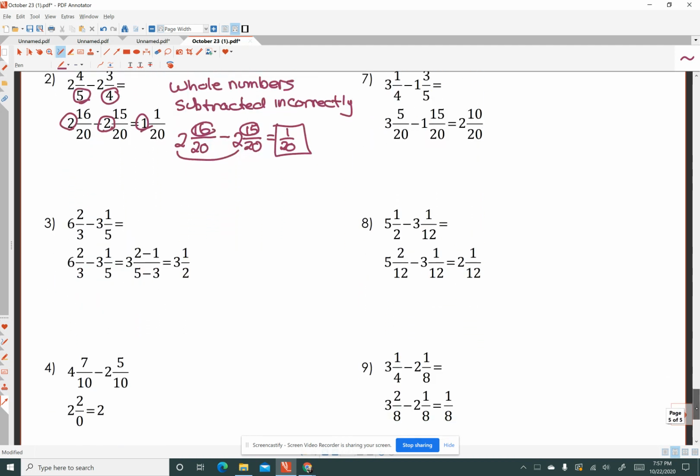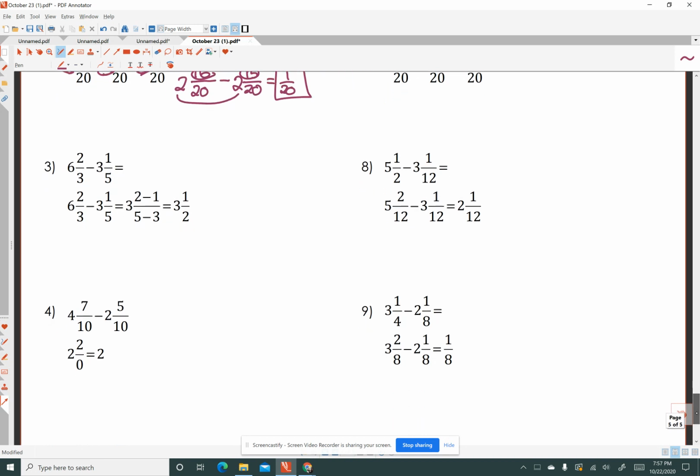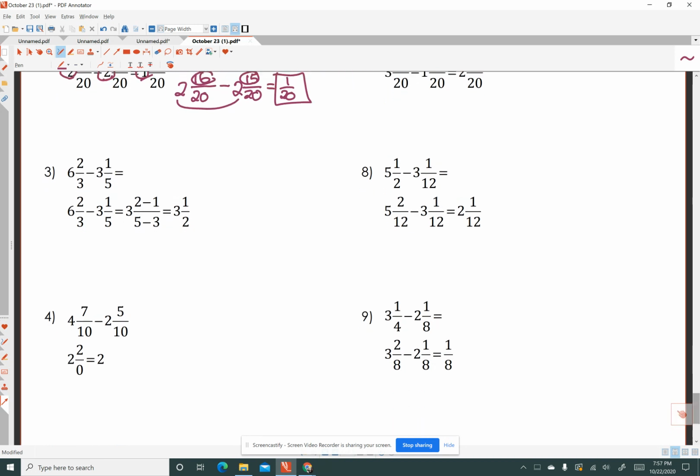Let's do number 3 and 4. So let's look at number 3. It looks like they subtracted the denominators and they reversed them. So they reversed, no reason to do that, and subtracted denominators.